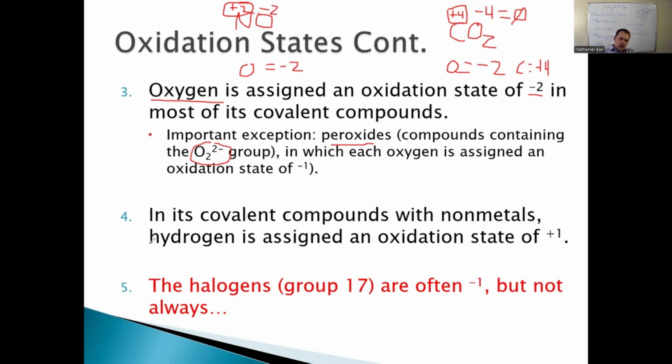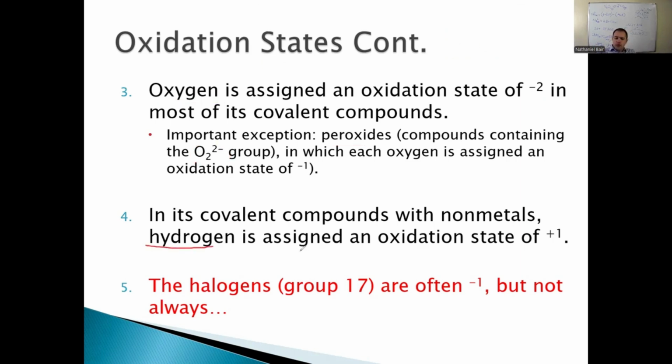Alrighty. Now let's talk about hydrogen. You can assume that hydrogens in covalent compounds have a +1 oxidation state. So the hydrogen in a covalent compound is +1. This comes in handy if I have, I don't know, say I have CO2H2.